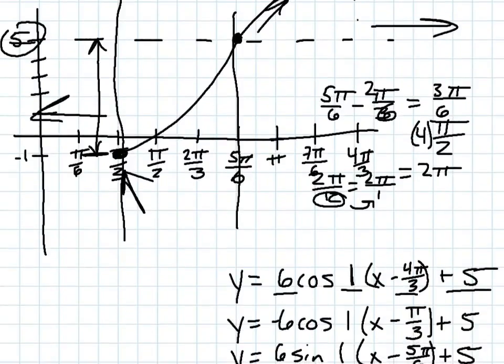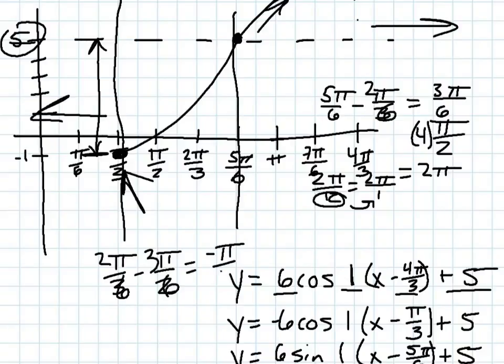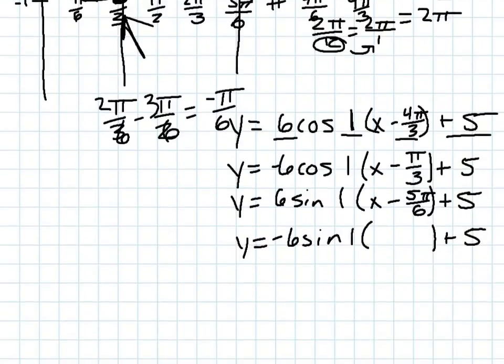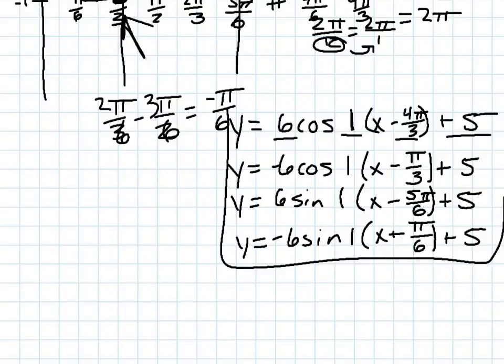It's more proper to stay as close as possible to your y-axis for these. So if I went back a pi over 2, so pi over 3 minus pi over 2, this gives me 2 over 6 minus 3 over 6, so that's a negative pi over 6. So since it's a negative pi over 6, remember that's opposite, so that gives me a positive pi over 6. And so those would be 4 possible answers.